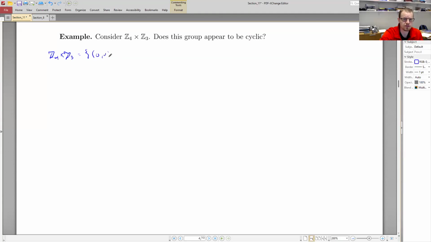So (0,0), (0,1), (0,2). That cuts us all the way through Z3 in that second entry. (1,0), (1,1), (1,2). That gets us all the way through Z3 with ones in the first entry. (2,0), (2,1), (2,2).